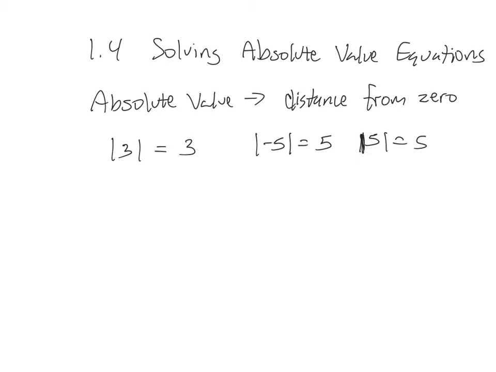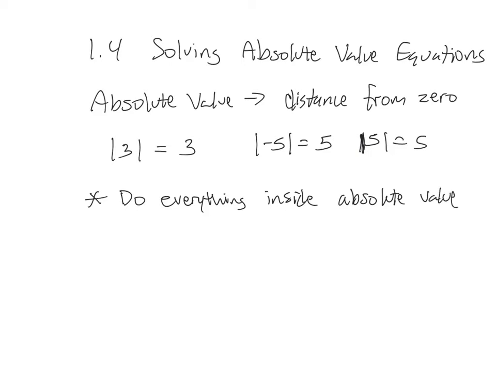Okay, so for the first group of problems you're going to have, it's not actually equations, it's just simplifying some absolute value stuff. Do everything inside absolute value first. So they kind of act like parentheses in that way.